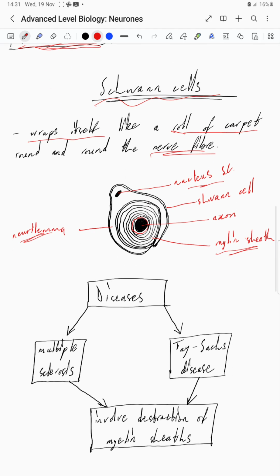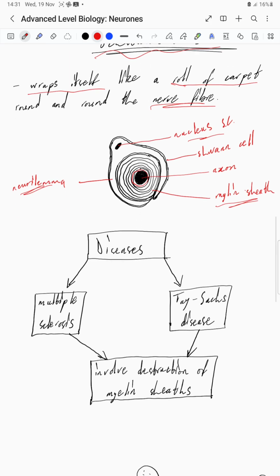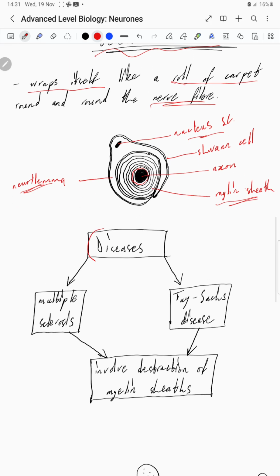There are some diseases associated with the Schwann cell. We have multiple sclerosis and Tay-Sachs disease. These all involve the destruction of the myelin sheath. So the myelin sheath is very important.